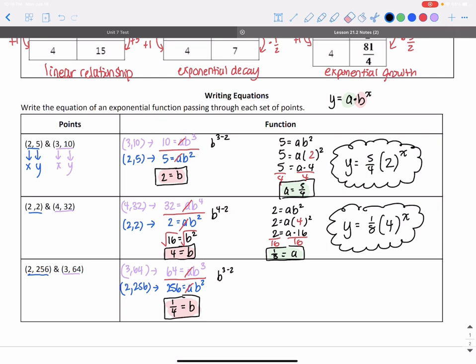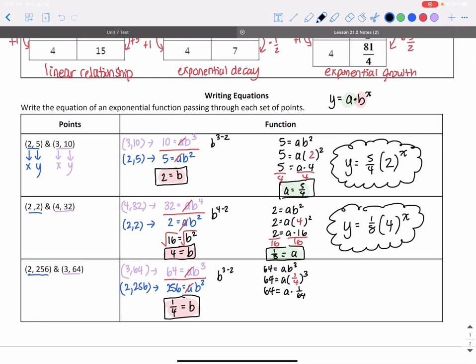And then I'm plugging in b is 1/4. I'm just going to pick the top equation to use. I have 64 is equal to a times b cubed. Plugging in b is 1/4, I'm going to have 64 is equal to a times 1 over 64.